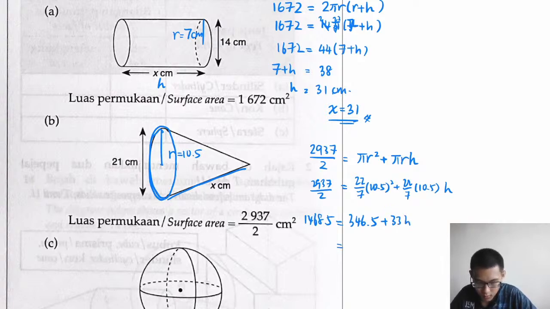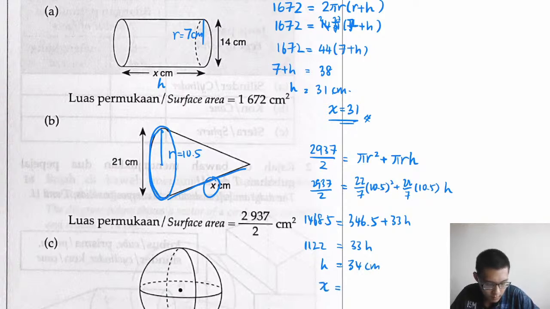So when you subtract 1468.5 minus 346.5, you get 1122 equals 33h. So we find the h. H is actually in cm. 1122 divided by 33, so we have 34 cm. That means x is equal to 34.